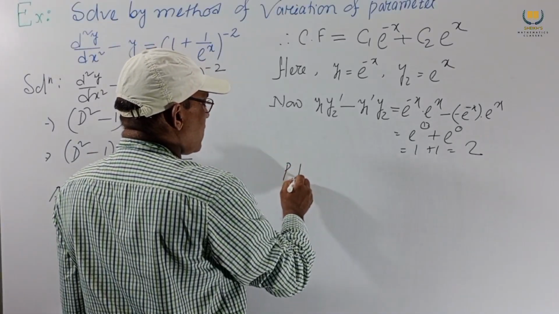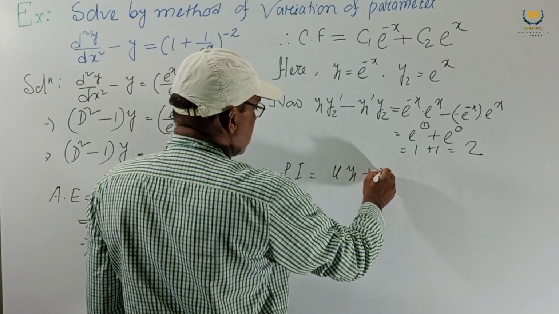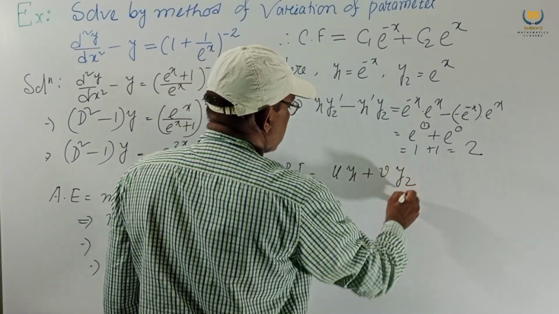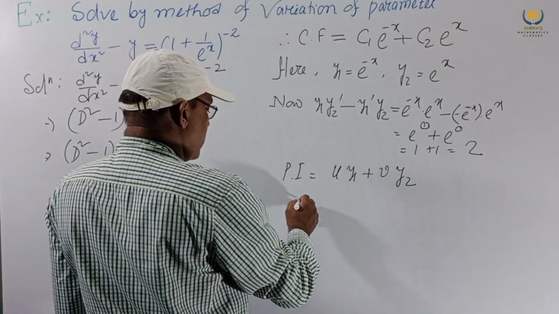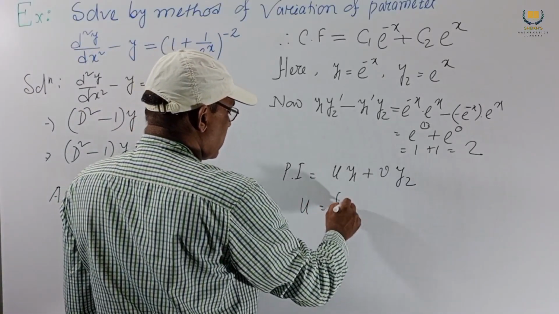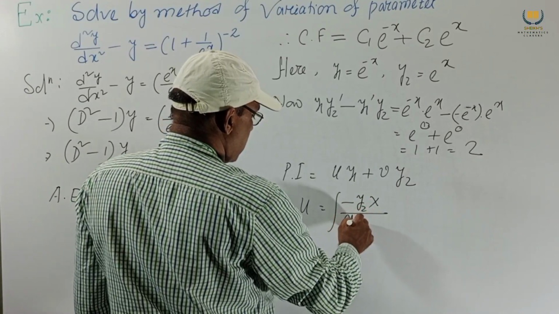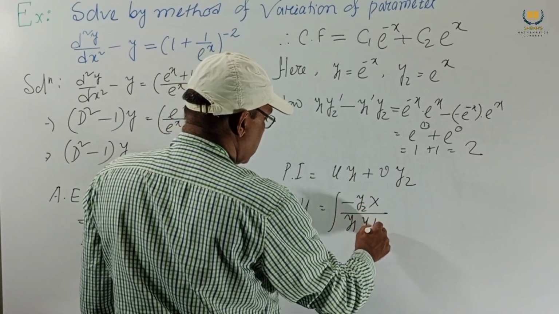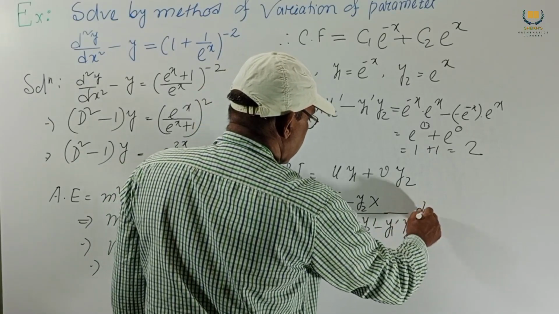The particular integral is u y1 + v y2. First we find u = ∫ −y2 X / (y1 y2' − y1' y2) dx.